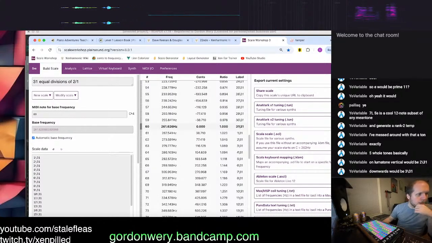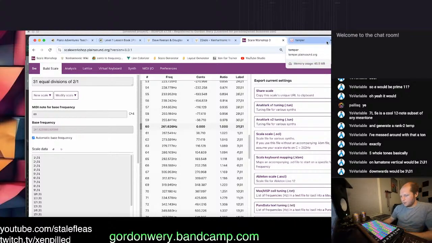Yeah, we were making that connection yesterday with Tetracot. I found a cool layout for 55 EDO accidentally, where the fifth was horizontally four up and the neutral third was right in between, two up.